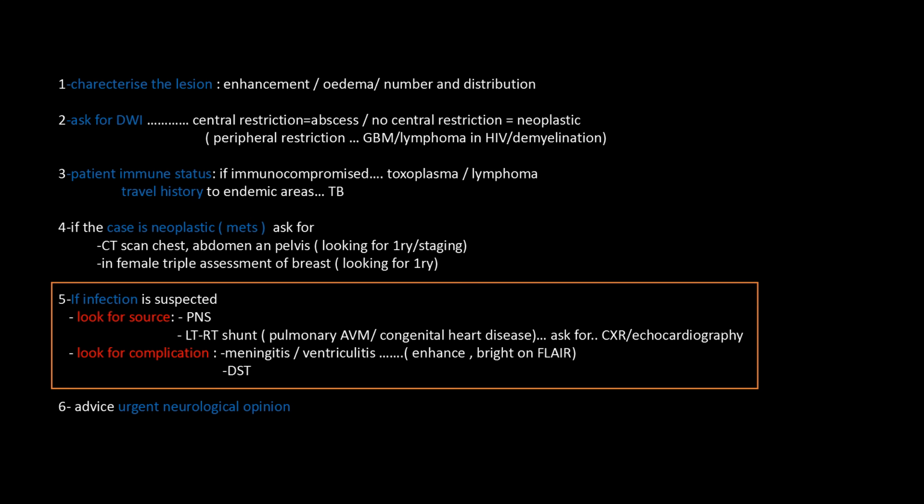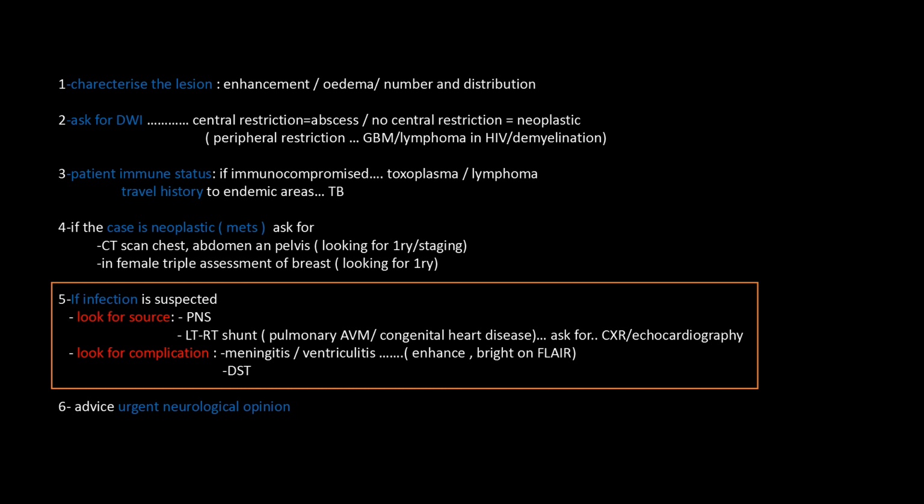If the case was a metastasis, then ask for CT chest, abdomen, and pelvis. In case of metastasis in a female, ask for triple assessment of the breast. If the case was brain abscess, then look for the sources of this abscess, which can be local spread from PNS or mastoids, or from left to right shunt, like pulmonary AVM or congenital heart diseases.